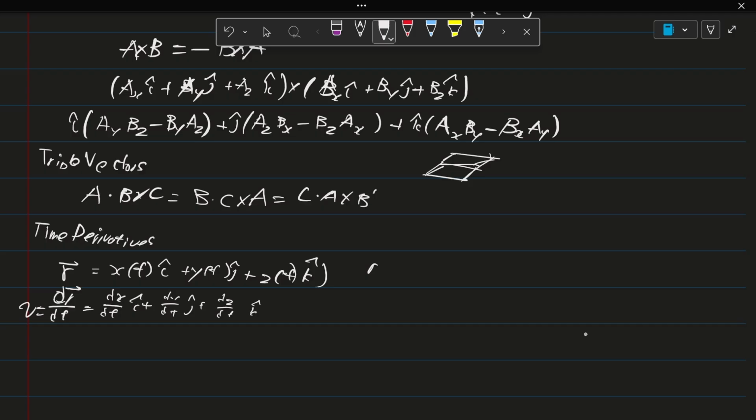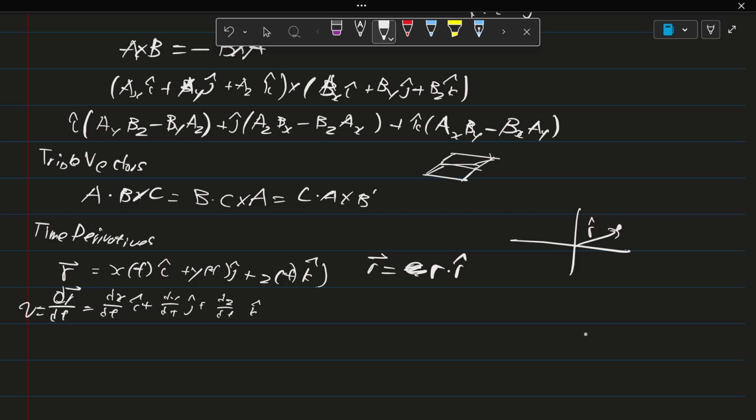So our vector is going to be just r times r hat. So r hat is the direction of the position, and then the r is the distance from the origin. So it's something like this. You could have a vector pointing at something, and this direction is what you call the r hat, with magnitude r.